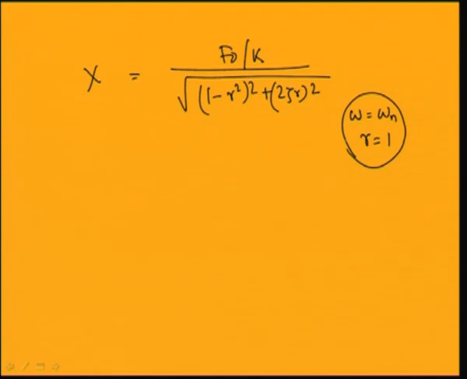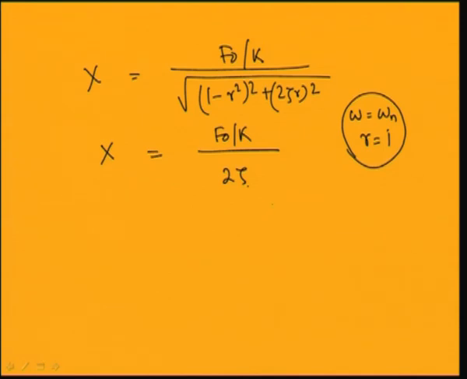So, let us consider this value, r equal to 1. So, this becomes 0, and this becomes 2 zeta r, so with r equal to 1 this becomes 2 zeta. So, f0 by k by 2 zeta. So, at omega equal to omega n you obtain x equal to f0 by k by 2 zeta.